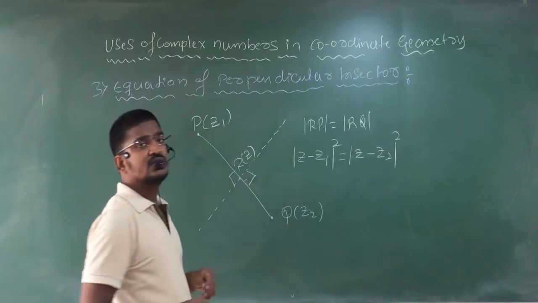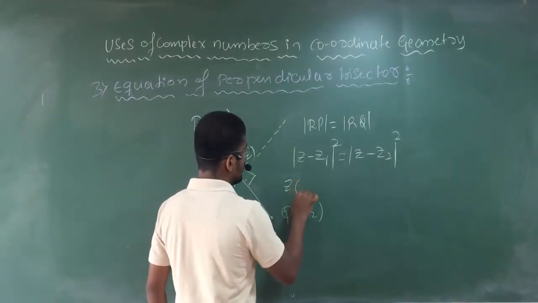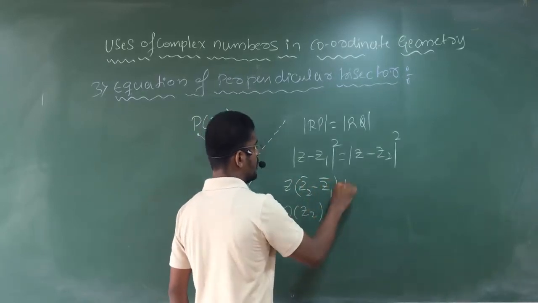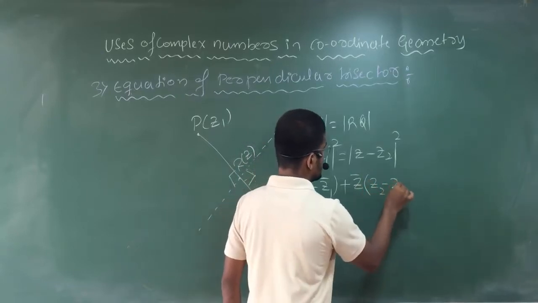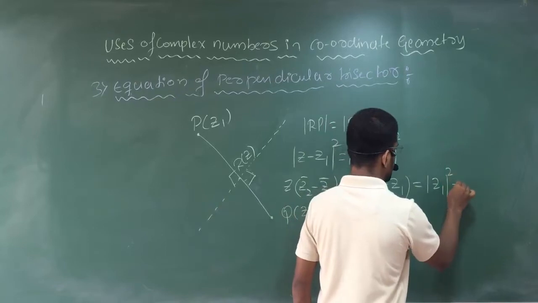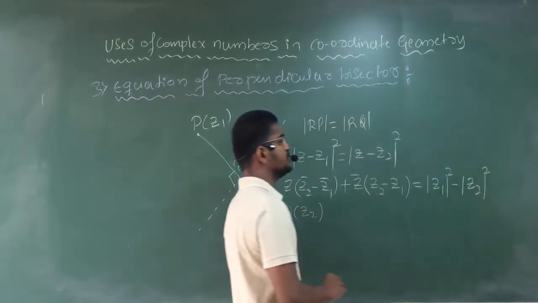Now it will be Z into (Z2 bar minus Z1 bar) plus Z bar into (Z2 minus Z1) equal to mod of Z2 square minus mod of Z1 square.